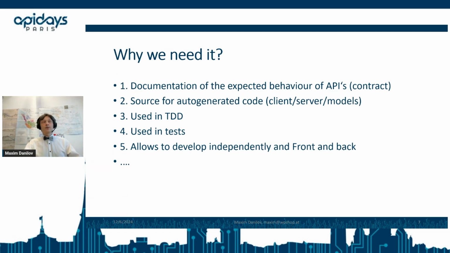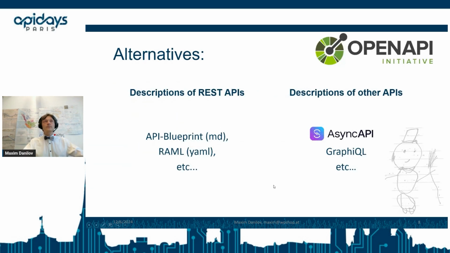This documentation also allows me to split development between front-end teams and back-end teams, and they can work independently. I don't need to say more. OpenAPI documentation is important, and the OpenAPI specification offers me the form in which I can create this document.